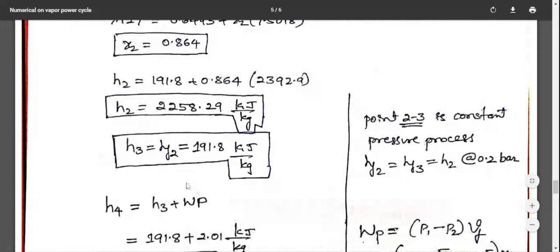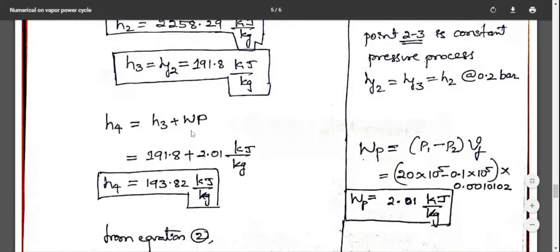So H4 is equal to H3 plus work done on the pump. The work done on the pump is not given directly in the problem, but we know the equation. Work done on the pump can be calculated using this equation: difference in pressure times specific volume of fluid.